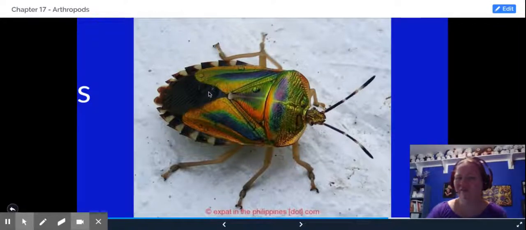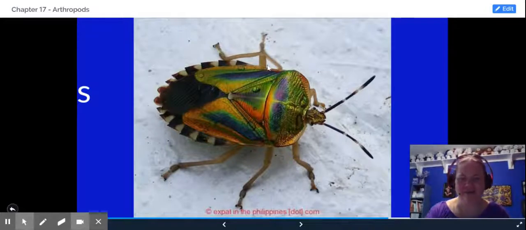And these are technically the ones that are called true bugs. Not every insect is technically a bug, okay? And that was one thing our professor taught us. True bugs belong in the order Hemiptera. Everything else is technically an insect. So all bugs are insects, but not all insects are bugs, okay?